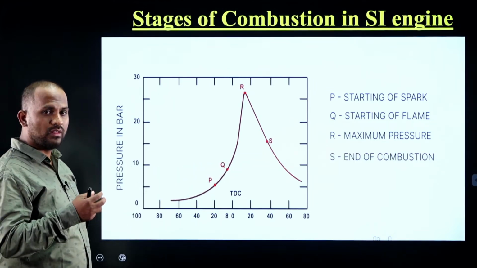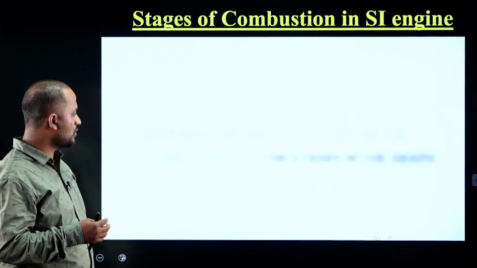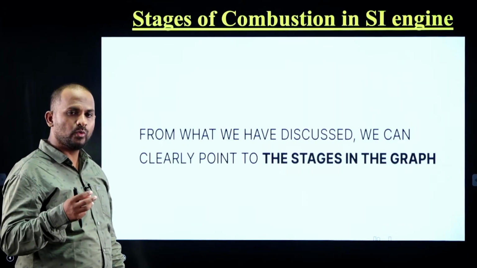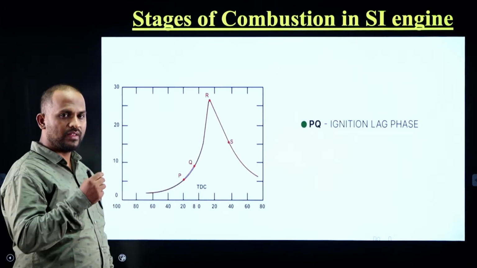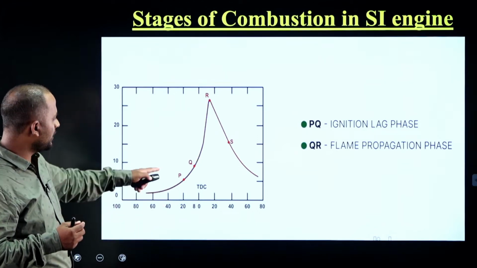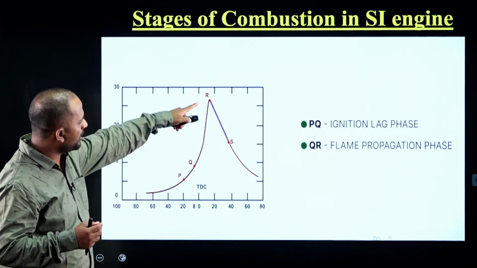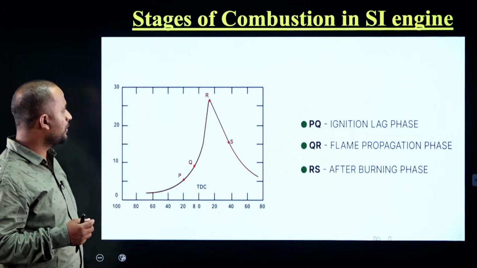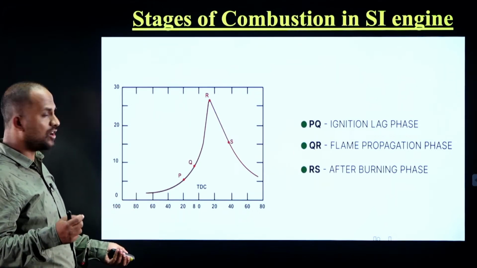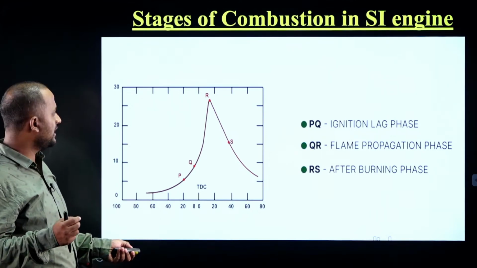Combining these with the stages of combustion, we can write the names given by Sir Ricardo: PQ equals ignition lag, QR equals flame propagation, and RS equals after burning phase. This is about the stages of combustion in an SI engine.